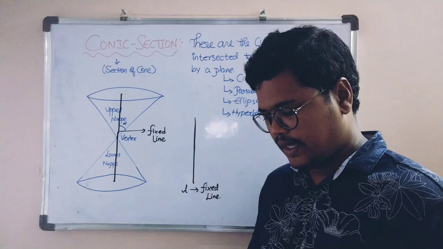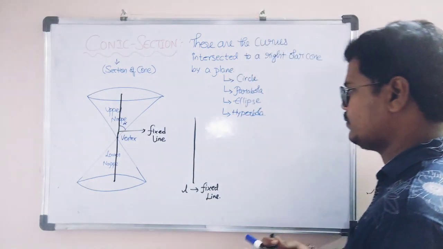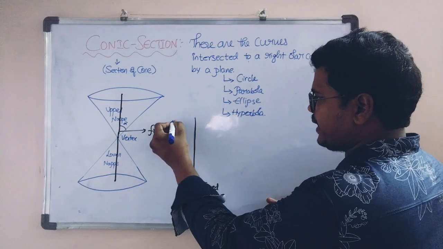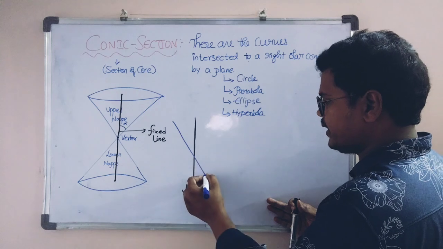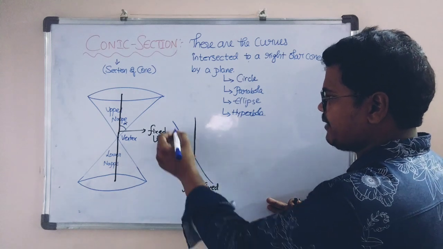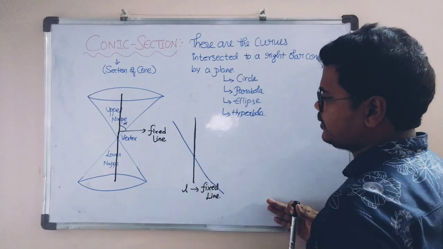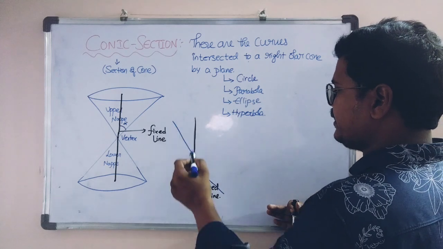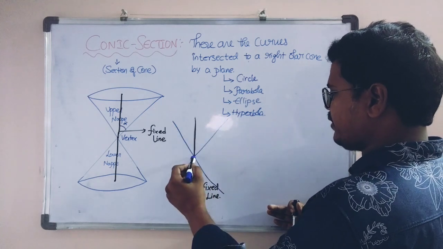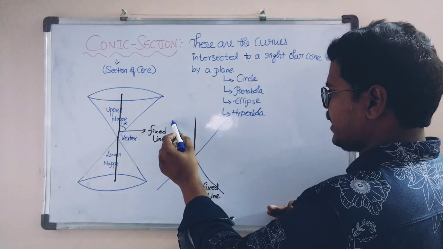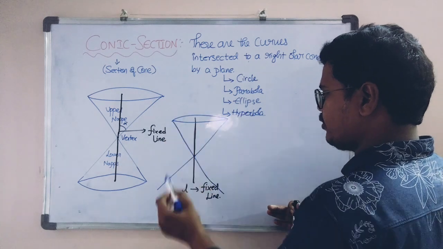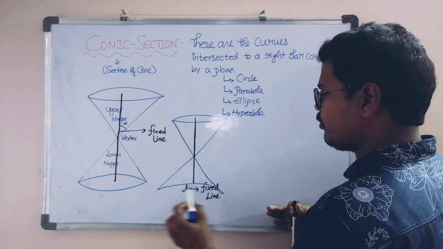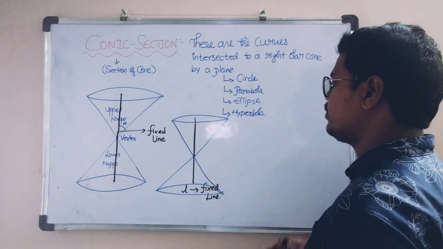There is a line which revolves around itself. This line revolves around the fixed line and forms a cone. What type of cone is it? Right circular cone.